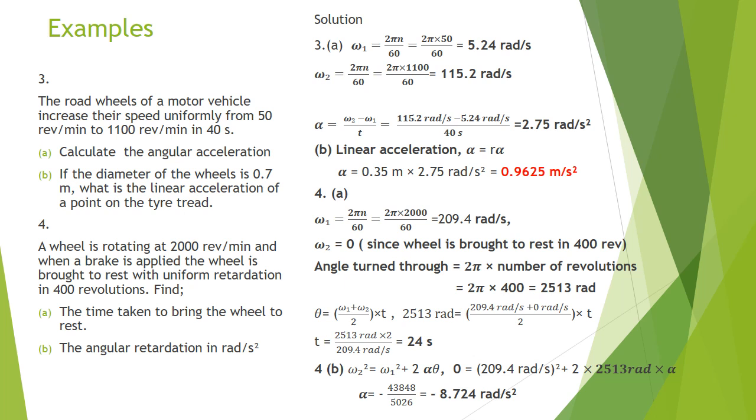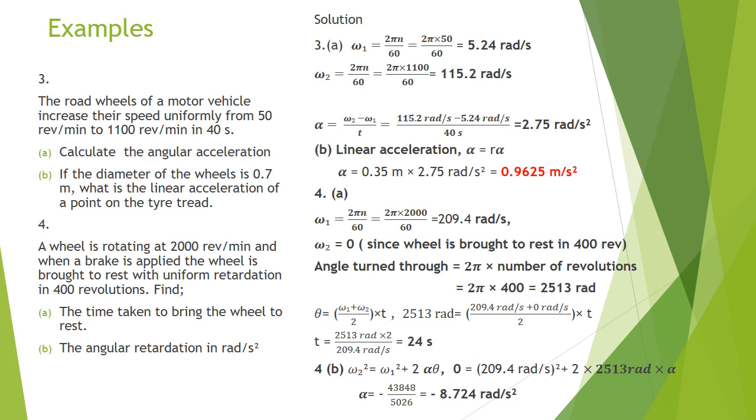So changing omega 1, which is the initial angular velocity, we say angular velocity is equal to 2 pi n divided by 60, which is equal to 2 pi times 2000 divided by 60, and our answer will be 209.4 rad per second. And final angular velocity is equal to 0 since the wheel is brought to rest.